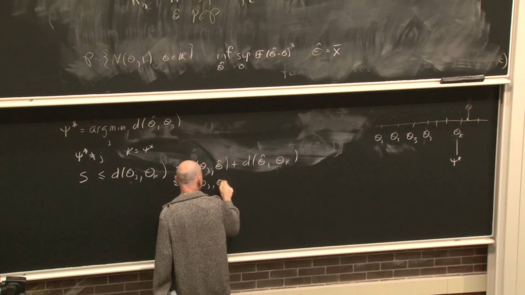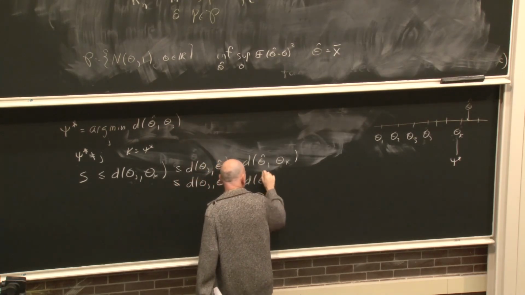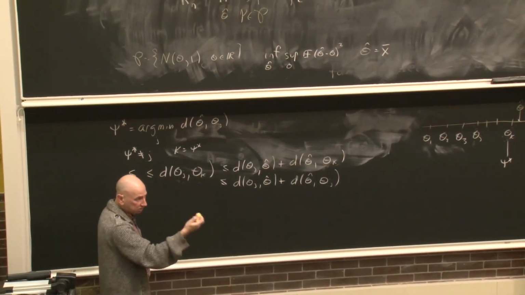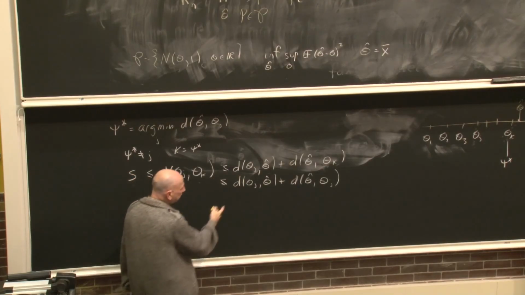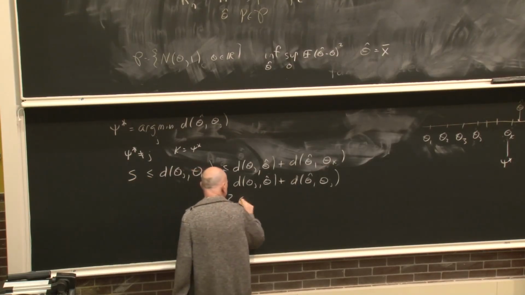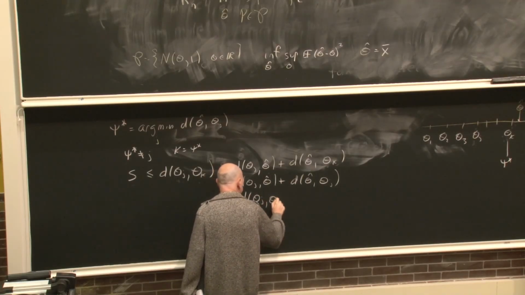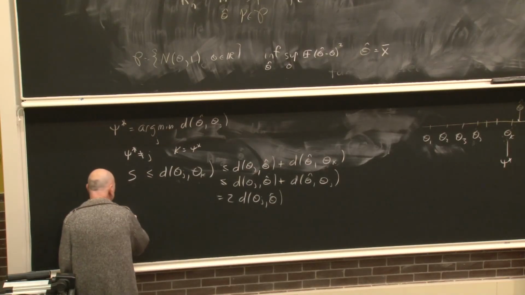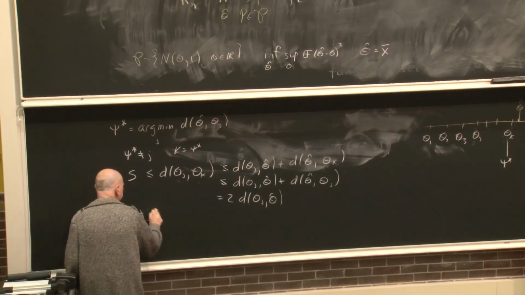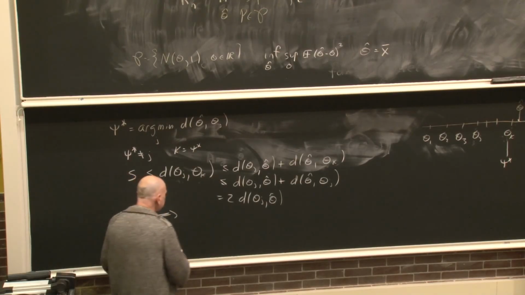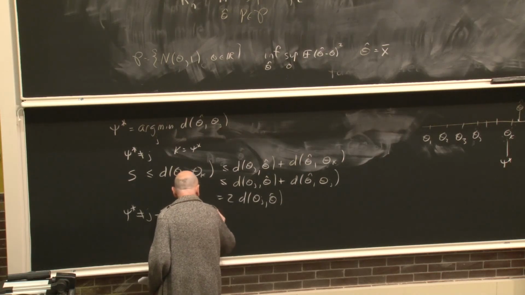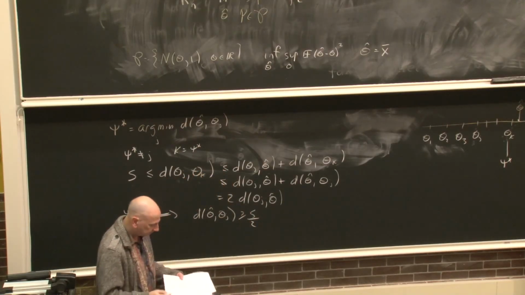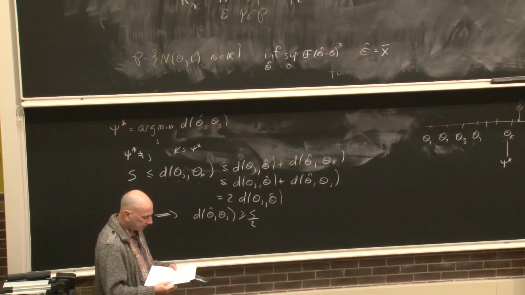So this is less than or equal to, if I replace this with theta j, that's what it means that your estimator was closer to the wrong guy. So theta j was not the minimizer. This is just 2 times the distance between theta j and theta hat. So in other words, any time this projected estimator is not equal to the truth, it implies that the distance between theta hat and theta j is bigger than or equal to s over 2. That's where the 2 comes from.